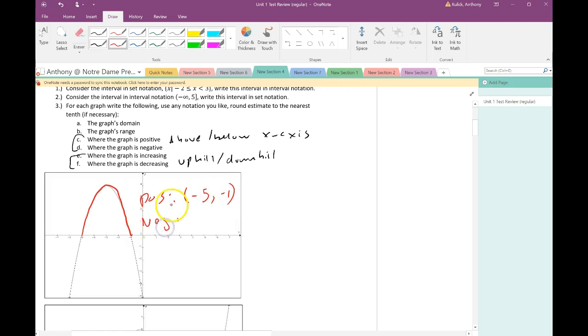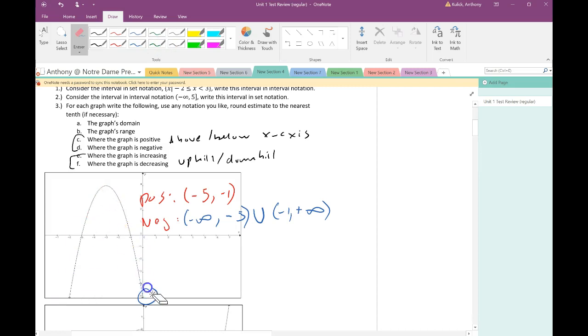The negative parts, that would be here and here. So we start, because we have the left arrow, with negative infinity, and we go up to -5. And we have that union thing. And then we start at -1 and go up to positive infinity because we have that right-hand arrow. Okay with that?